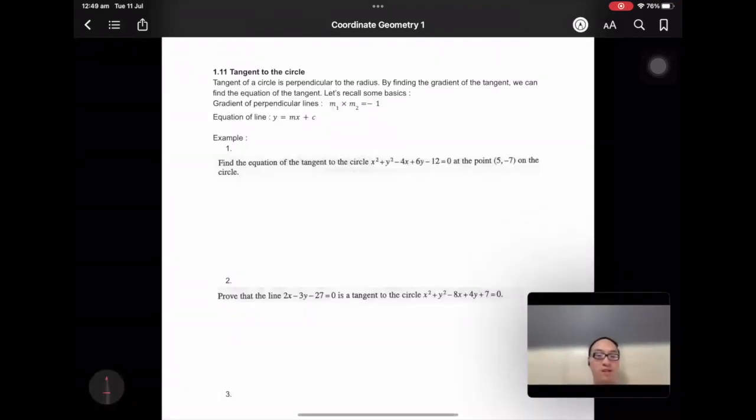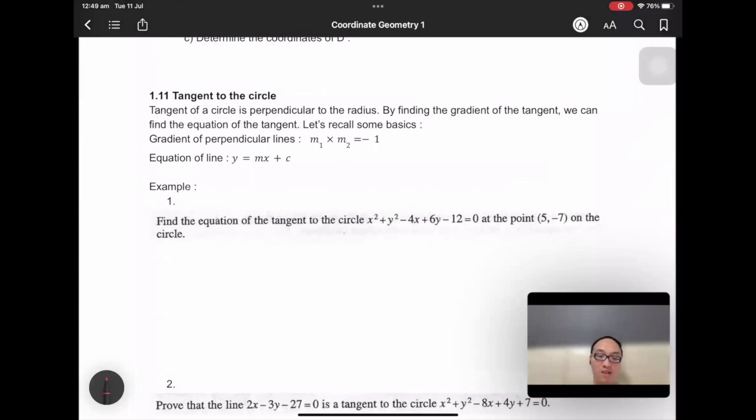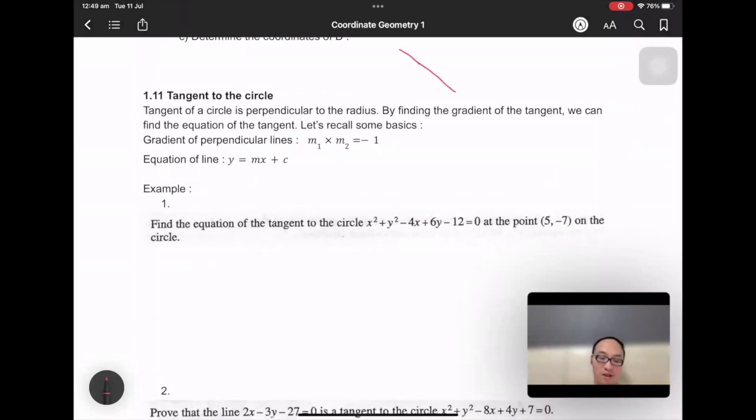Next is the tangent to the circle. As we know, a tangent is a line that touches the circle only at one point. It is perpendicular to the radius. Yeah, it is always perpendicular to the radius. So this is the key.